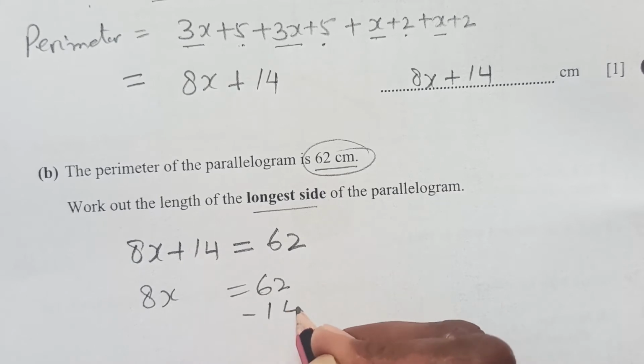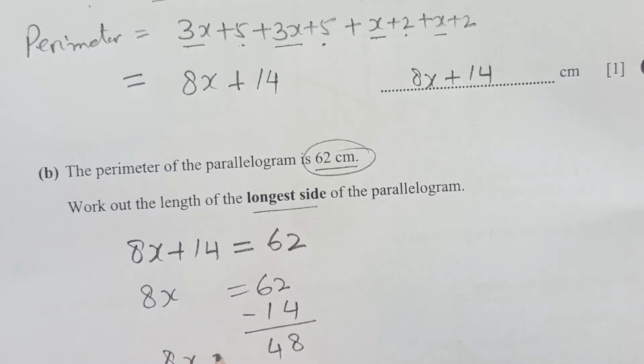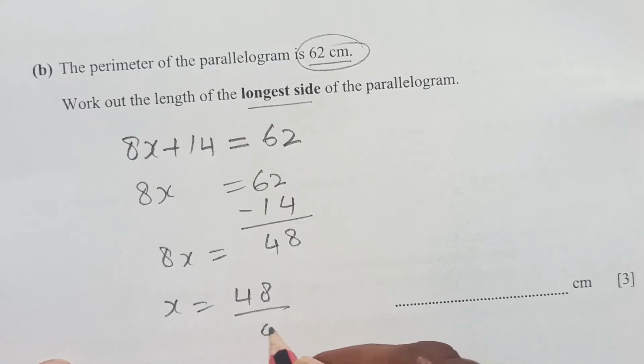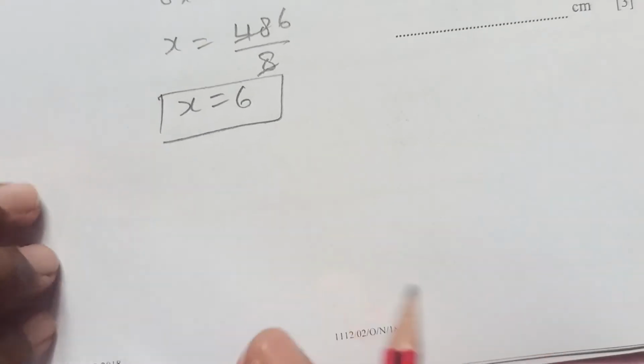62 minus 14 is 48, right? So 8x is equal to 48. So x is 48 divided by 8. So x is 6. The value of x is 6. Then we are looking for the longest side.